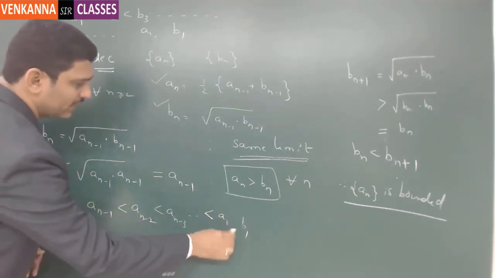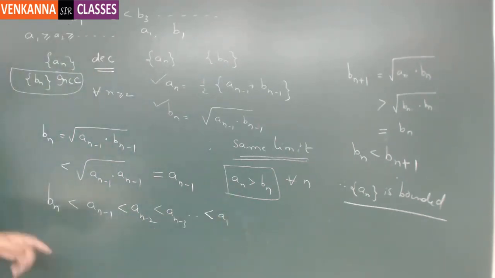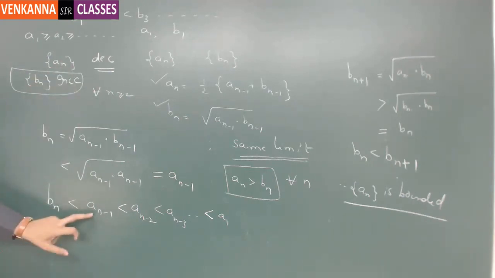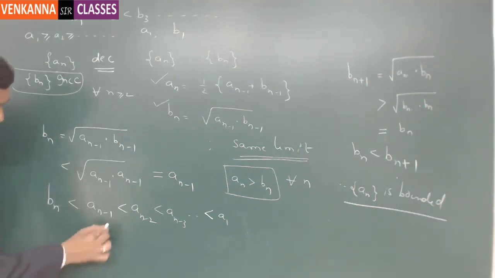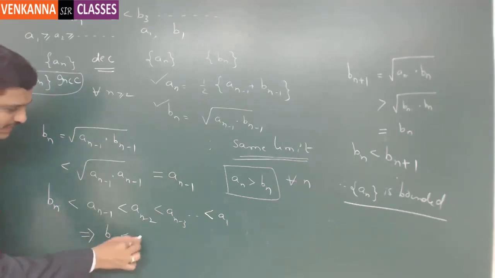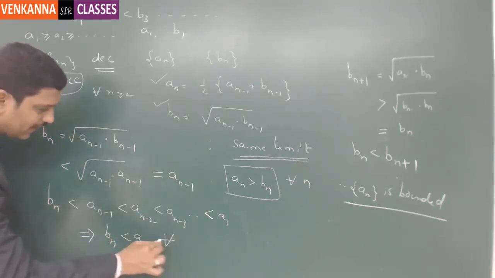Ultimately, you will get a1 here. Please check that. Because an is the decreasing sequence, we can write like this. So the final output here is bn is less than a1 for all n.